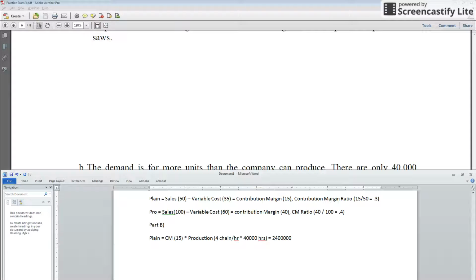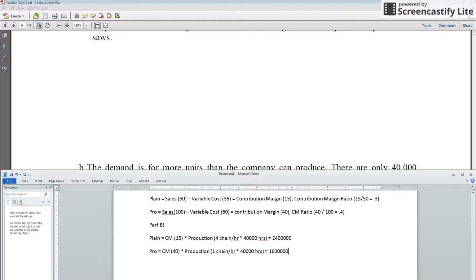But for the Pro, my contribution margin is $40. My production is 1 saw per hour multiplied by 40,000 hours, which gives $1,600,000.